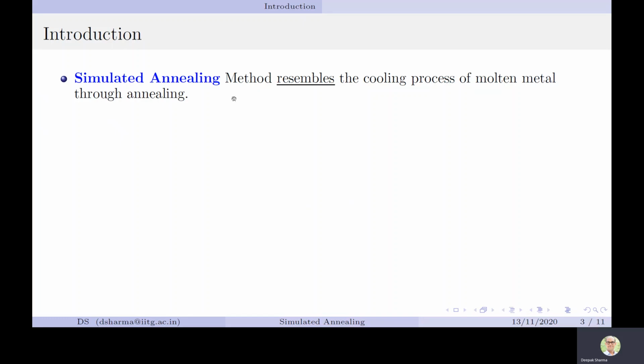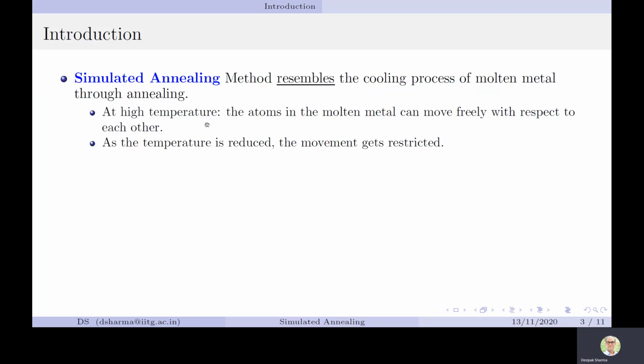When we simulate this method, the process is called simulated annealing. When the temperature is high, the atoms in the molten metal can move freely with respect to each other. As the temperature is reduced, the movement gets restricted and the molten metal solidifies. So that is what we understand from the annealing process.